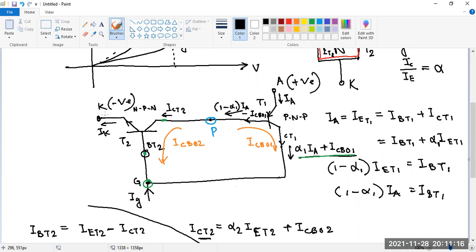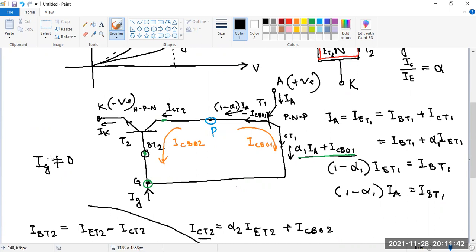But we don't have any gate current. Once we have a gate current, how will it impact the two transistors? If you have a positive, finite gate current, what will happen?